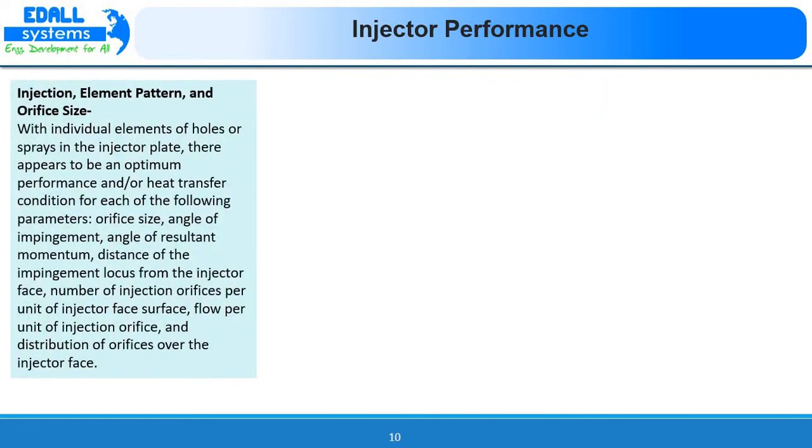Then the next factor, that is injection element pattern and orifice size. So the size of the orifice which we are using, and the element patterns on the injector face, may also affect the injector performance.